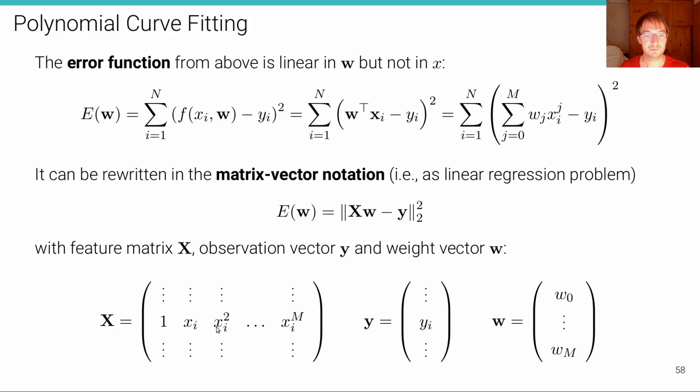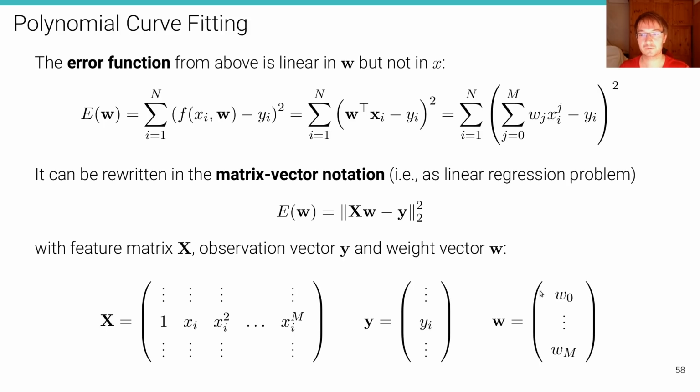That's why I used the subscript i here for the data index. So we have one row for the first data point, one row for the second data point. These are basically the features of the ith data point. Similarly, on the right-hand side here, we can stack all the observations into one single vector. So the first observation, the second observation, and so forth.